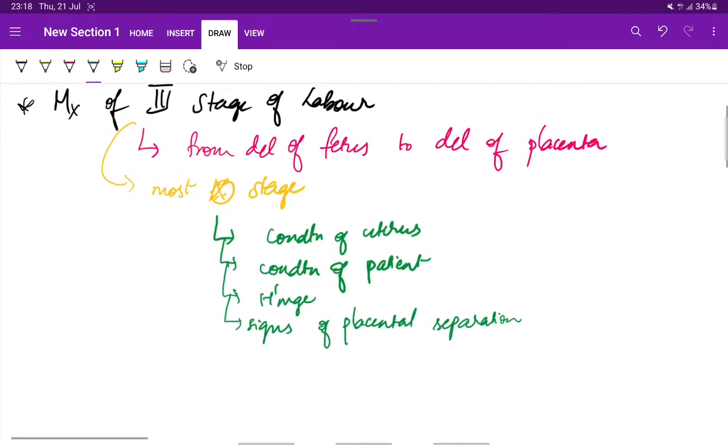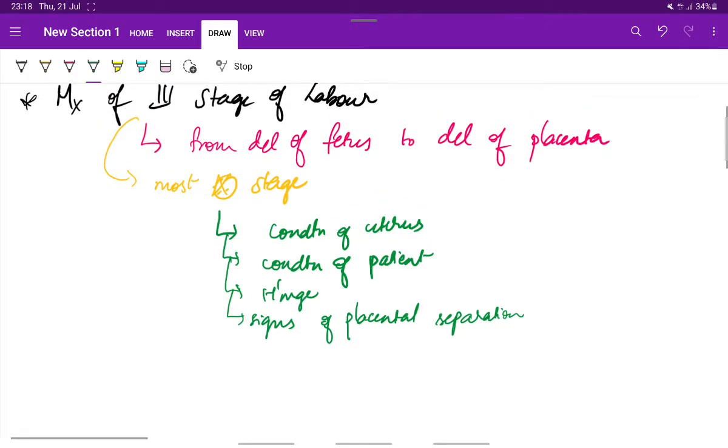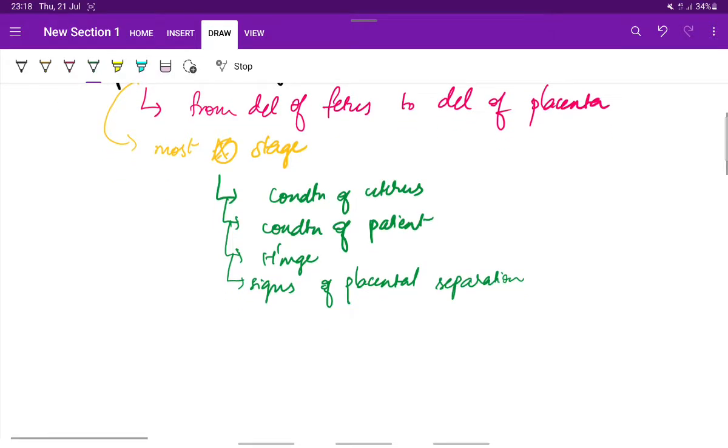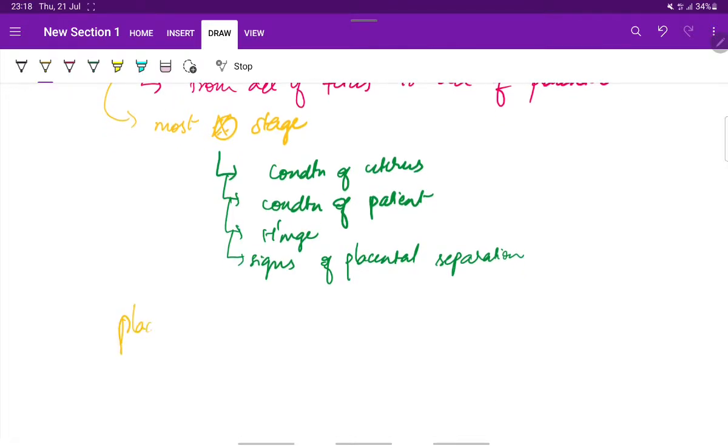And one of the major complications of the third stage of labor is postpartum hemorrhage. So our aim should be to prevent postpartum hemorrhage from occurring. And coming to the delivery of the placenta, it can be delivered in two ways.